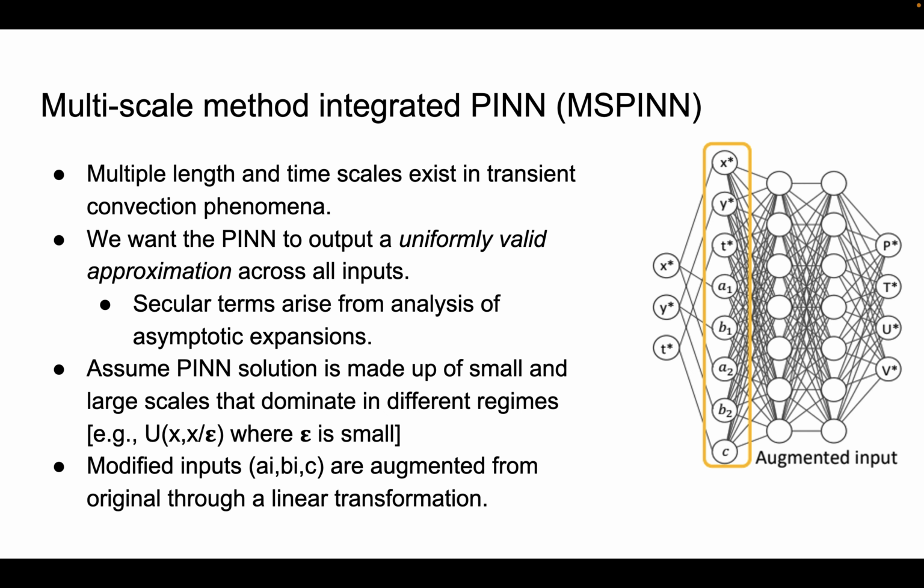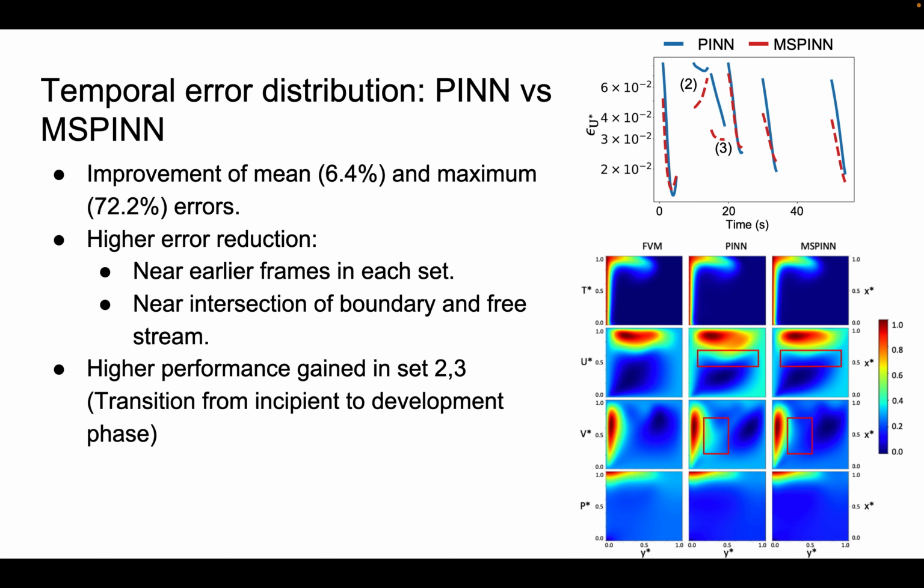And when x is of order 1, that first term would contribute to u. So now we modify our inputs to be this augmented input that takes into account the scaling information, and we can still use the traditional backpropagation step all the way back to our input and calculate our PDE loss exactly the same way.